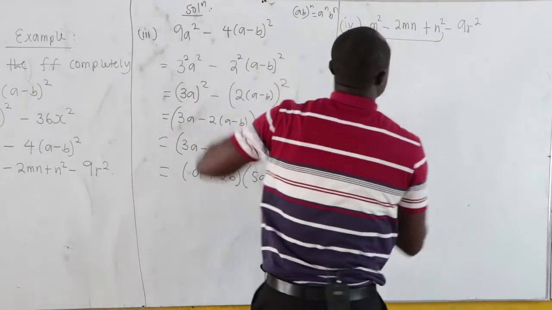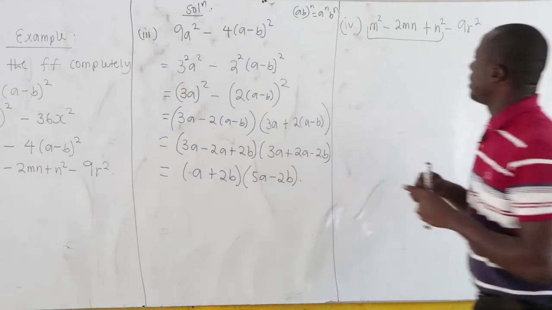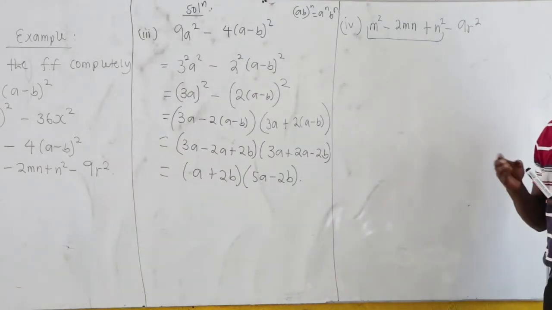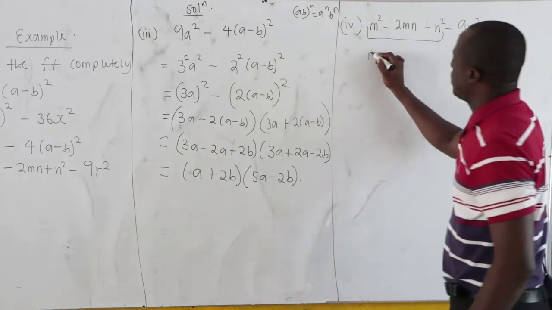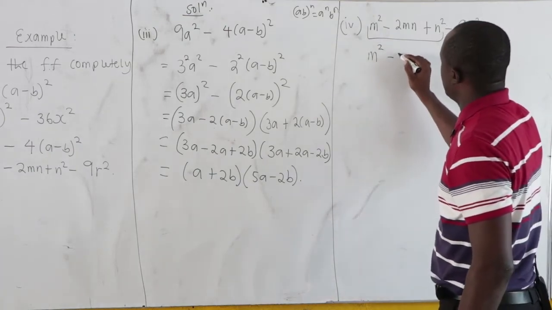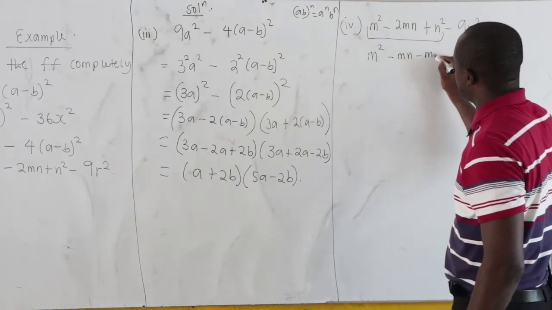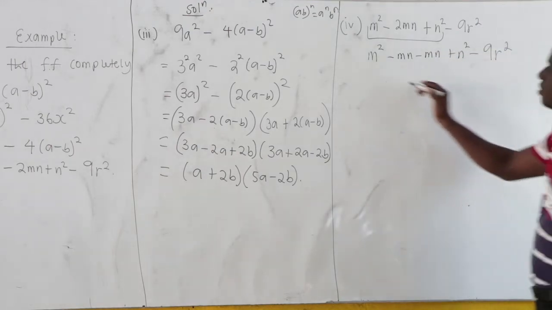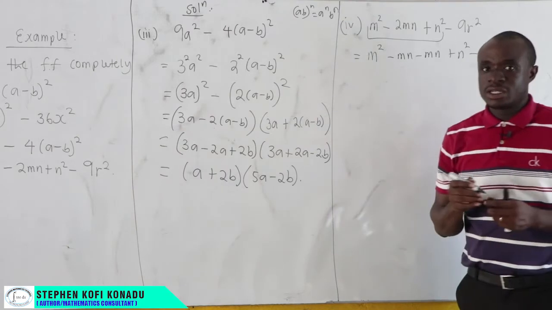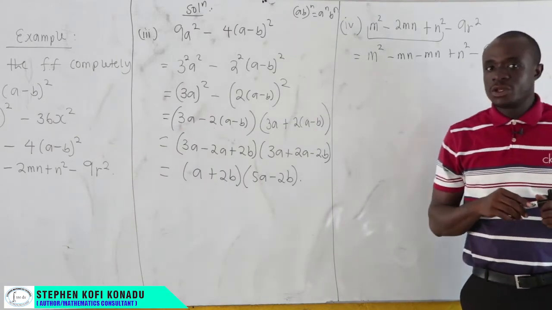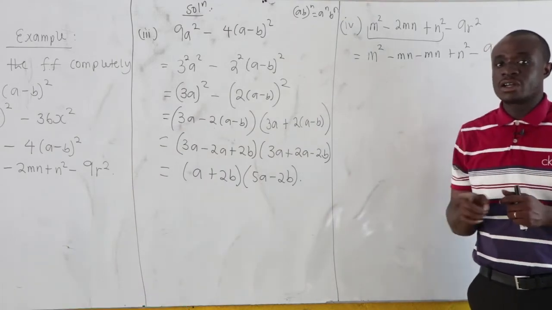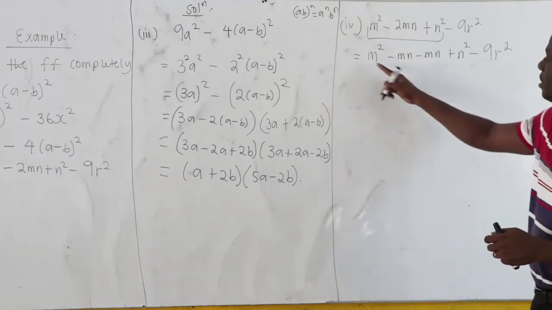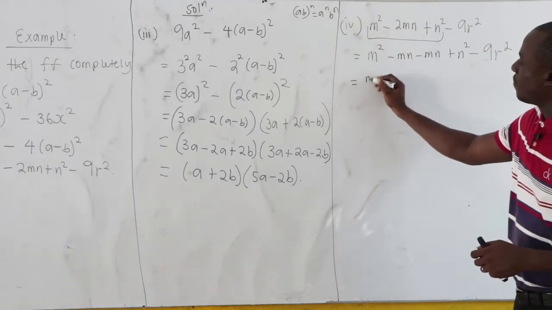So over here, two numbers that when you multiply give 1 and when you add give negative 2 will be negative 1, negative 1. So here that becomes m² − mn − mn + n² − 9r². If you have forgotten, kindly go back and watch the other video on how to factorize a quadratic expression in two variables.